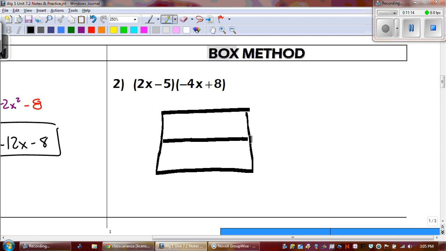I have a binomial which has 2 parts, and a binomial that has 2 parts. So see how I kind of cut it up each time? And now I'm going to do it all together. Now, it doesn't matter where you put it, so let's just kind of color code everything first.